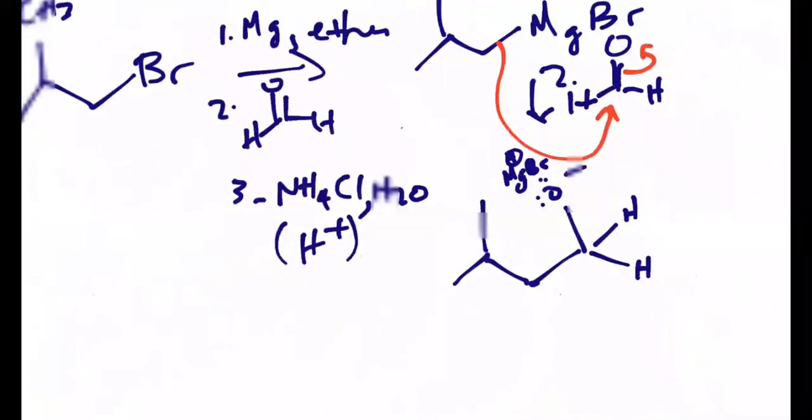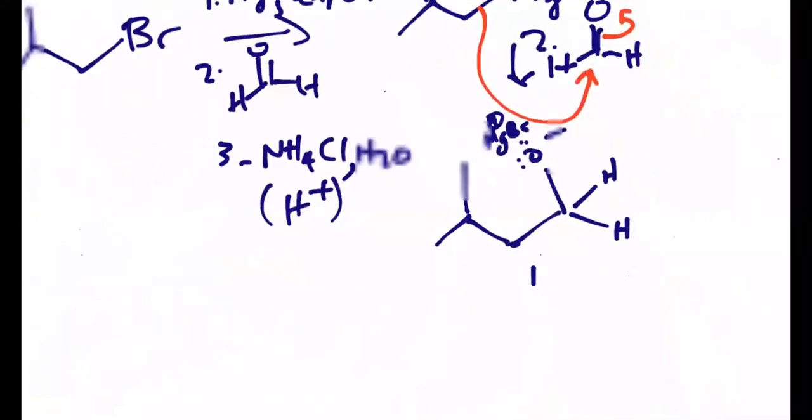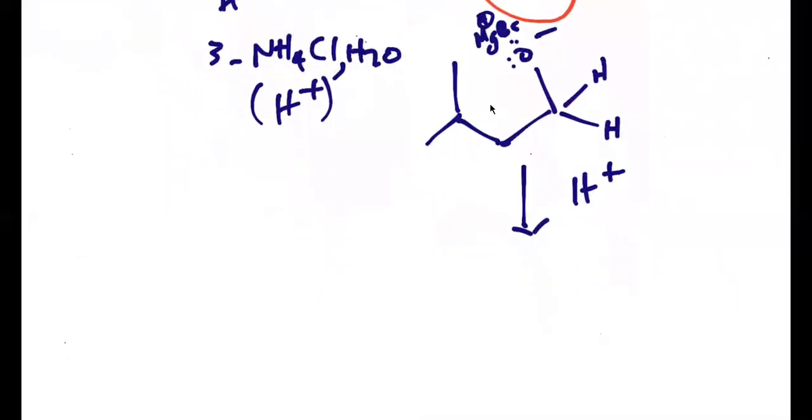And then when I react that with the H+, what should I get? It's going to be an OH. I'm just going to convert that O- into an OH, with the magnesium bromide floating.